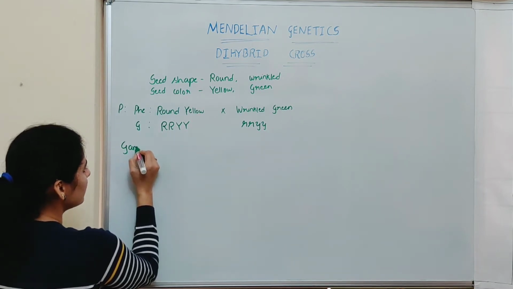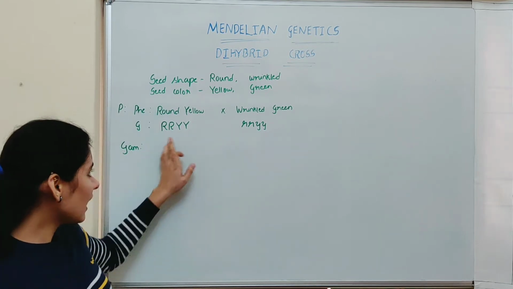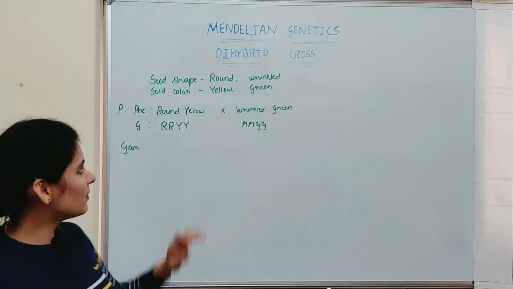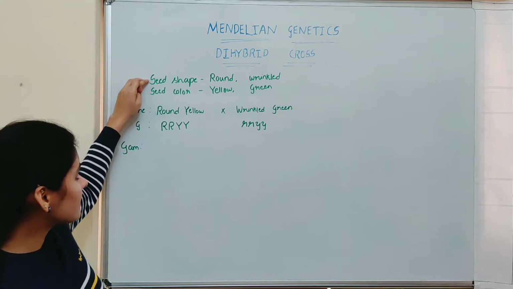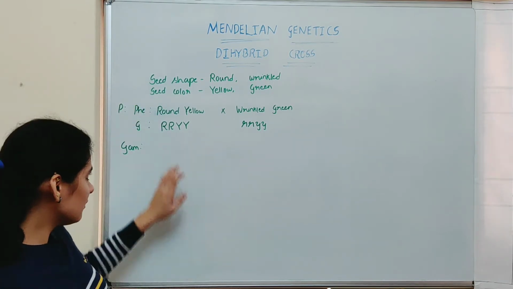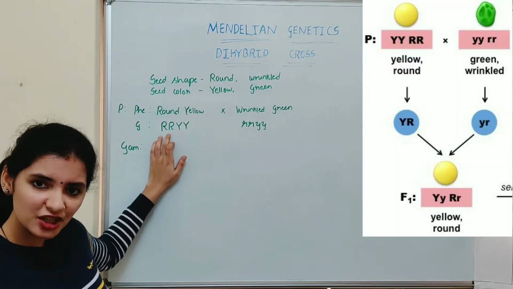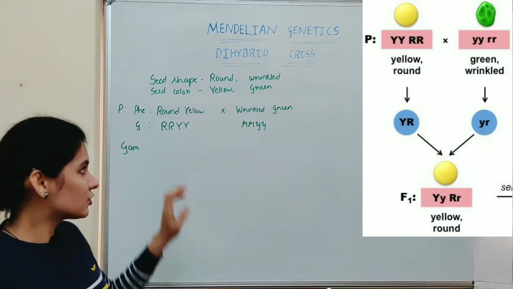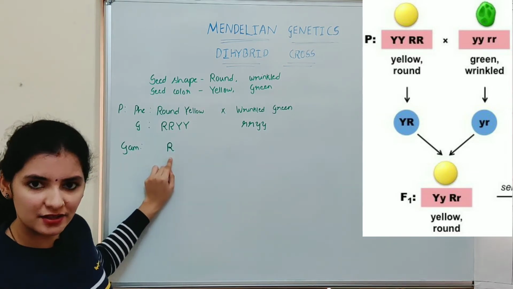Next step is gametes produced. Since it is a dihybrid cross, the gamete produced should have a factor which is responsible for both characters. That is, the gamete should have a factor responsible for the seed shape as well as the seed color. So if you consider a parent plant, the factor which is responsible for the seed shape is capital R. So both factors are the same, so it can produce a gamete with the capital R factor itself.